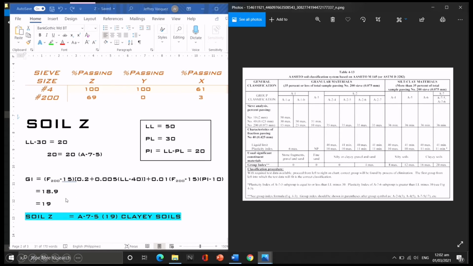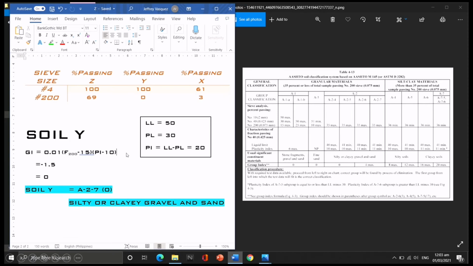So, substituting all the values that we have, kuha natin 18.9 at i-round up natin, naging 19. So, ang group index number niya ay 19. So, ang soil Z natin, according to AASHTO, ay A7-5, group index number 19, which belongs to the clayey soils.